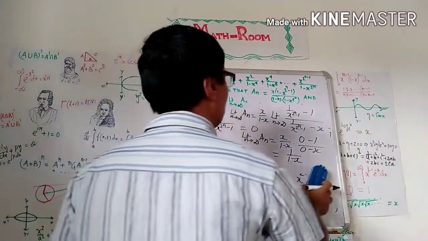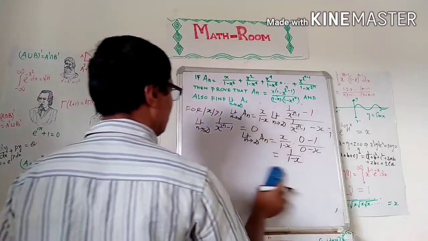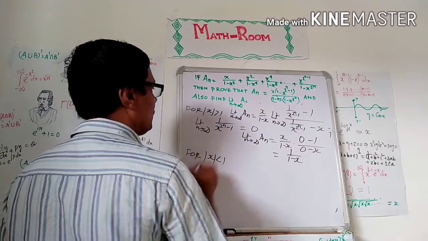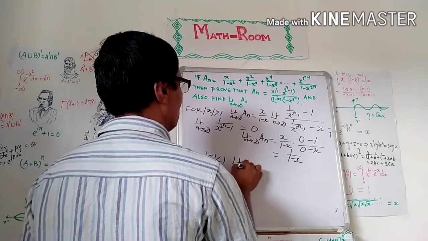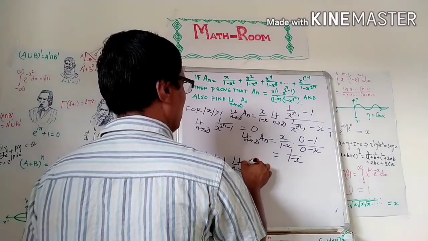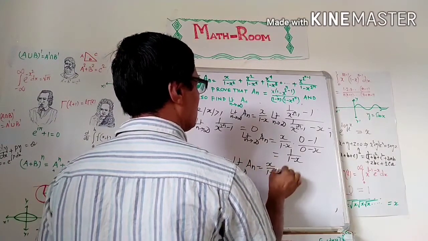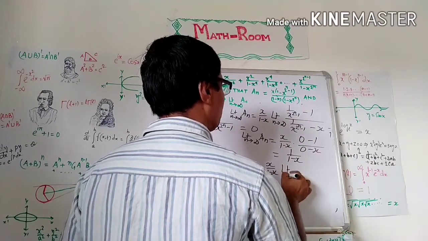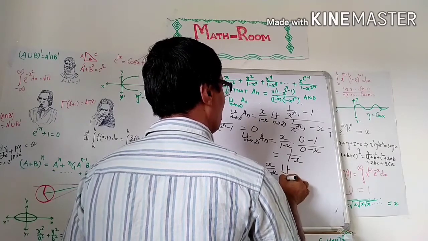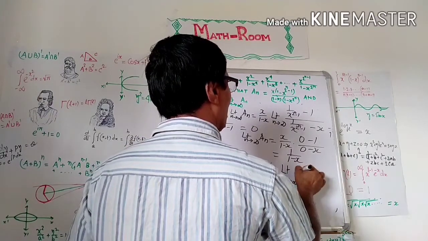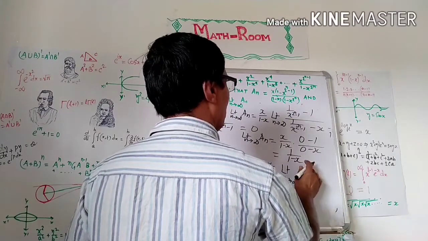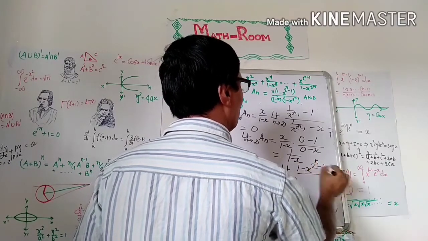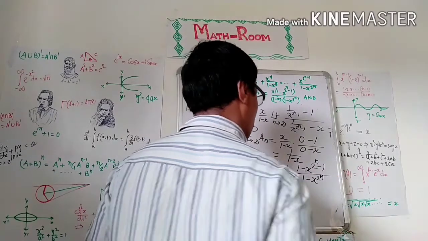Now we check for mod x less than 1. For mod x less than 1, limit n tends to infinity of the expression equals x over 1 minus x, limit n tends to infinity of (1 minus x to the power 2 to the power n minus 1) over (1 minus x to the power 2 to the power n).